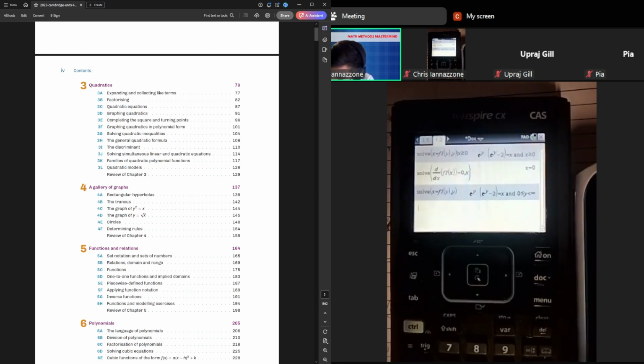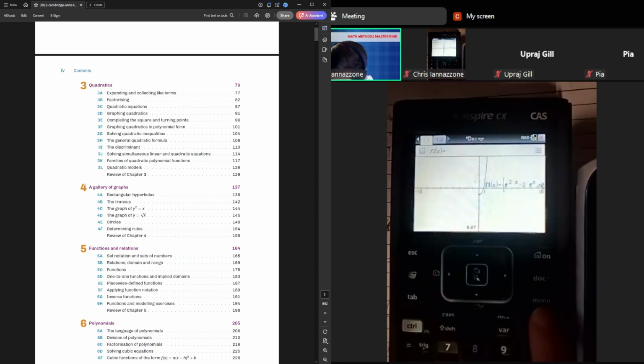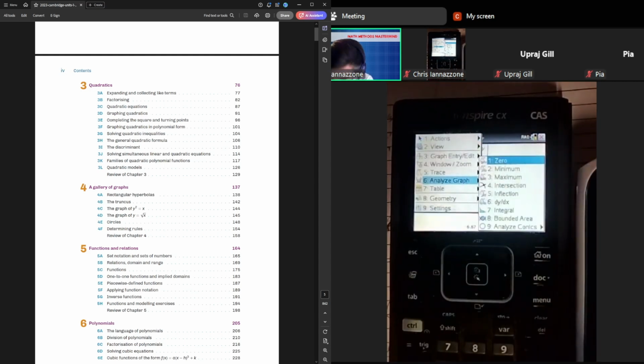Nah, still not quite. Okay, what else could we possibly do? I wonder if there is an actual function in here for inverse. Use lazy math. Gave you whatever you do. Yeah, okay, so it gave you the same thing.